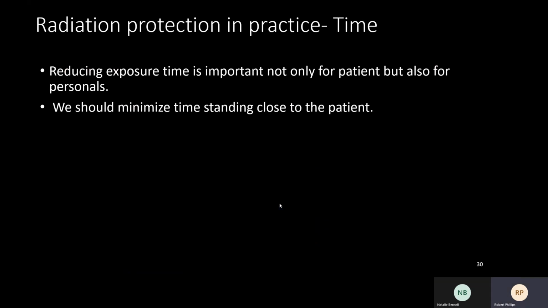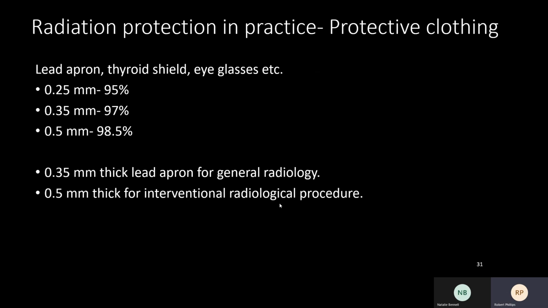Time of exposure. Reducing exposure time is important not only for the patient, but also for the personnel. We should minimize time standing close to a patient who is getting radiation exposure. And finally, it's about protective clothing. Lead apron, thyroid shield, and eyeglasses are used.